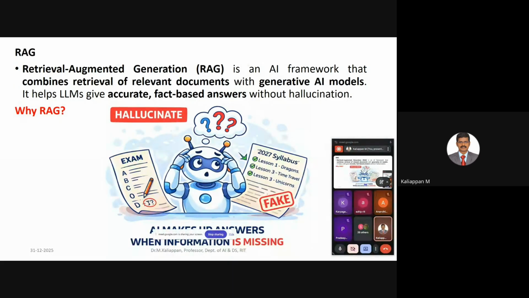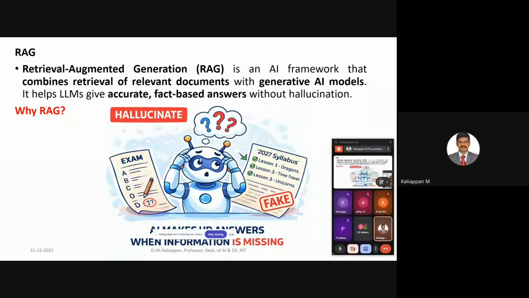Next, without RAG, LLM produces hallucination, which means when required information is missing, unclear or ambiguous, the large language model may fill the gap with incorrect content. That is called hallucination. A simple example: the LLM does not have the relevant document.